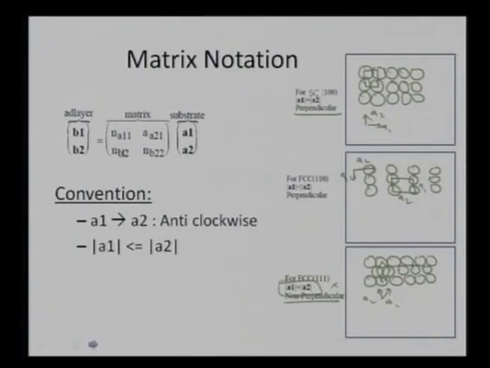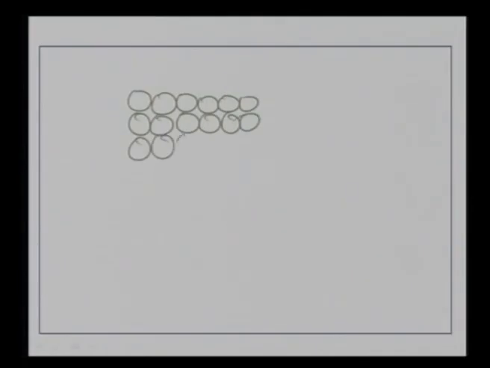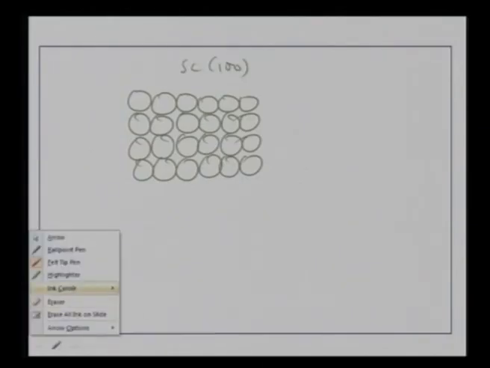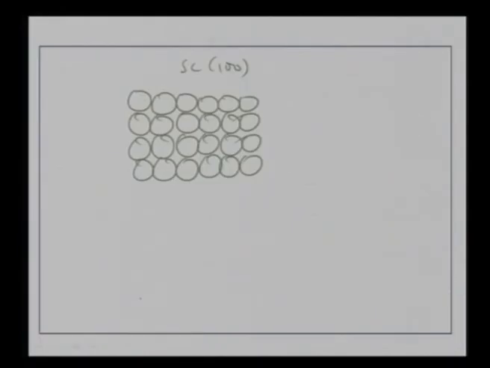If I take a particular other system, I can basically correlate the Wood's notation and the matrix notation more like this. I am just defining the initial substrate. So my substrate, let it be a simple cubic 100 surface, and if I go back and take my adsorbate species more like this out here.